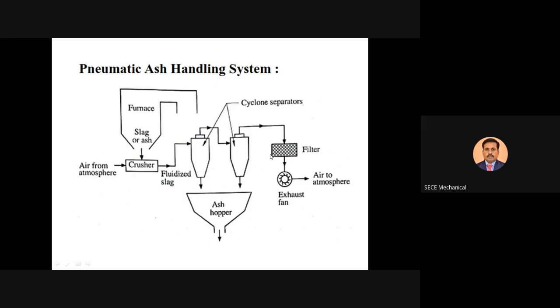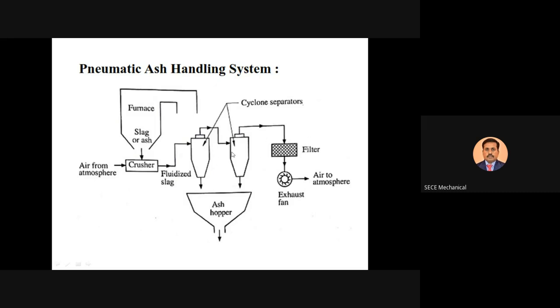So this kind of pneumatic gas handling system is also used. In addition to your pneumatic gas handling system, we have added the cyclone separator. The cyclone separator is a device which is used to clean the air or dust in the exhaust. So it is a filtration process.